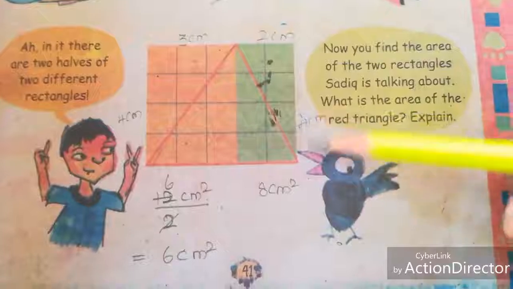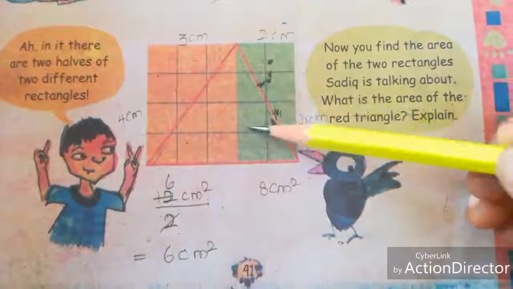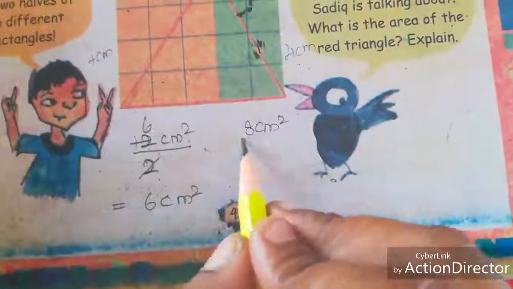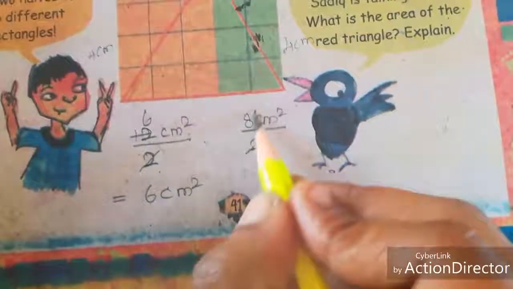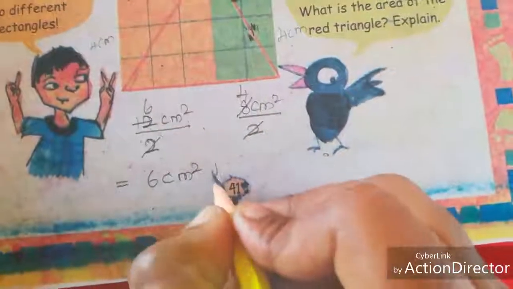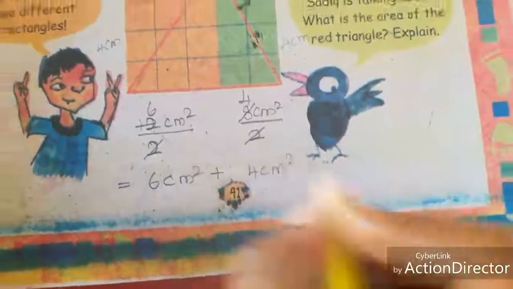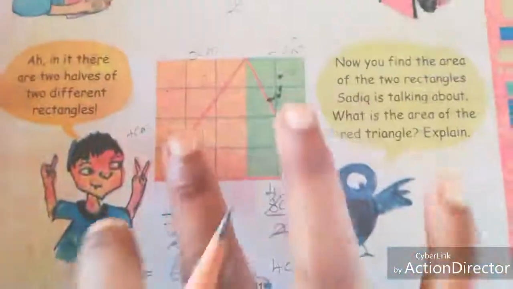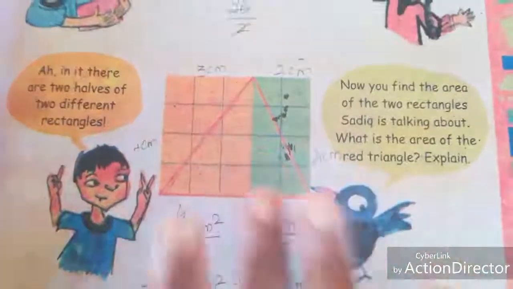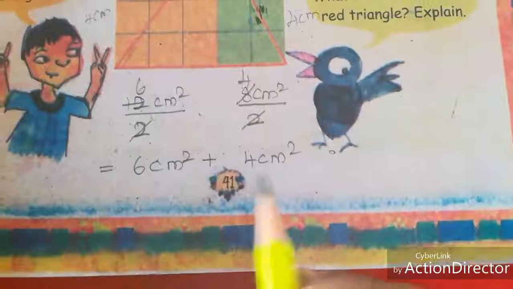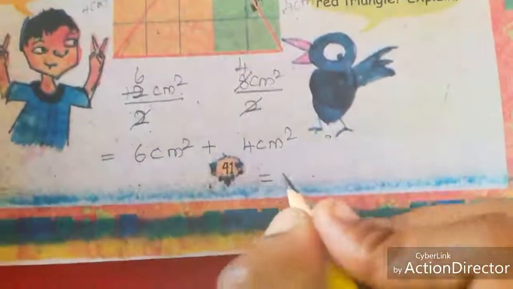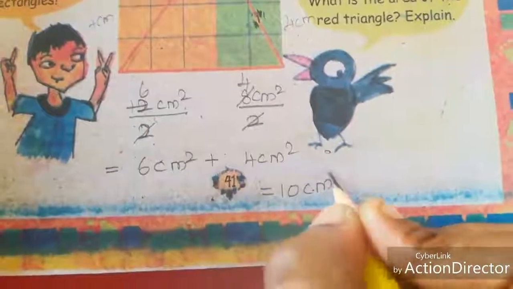This line divides the rectangle into 2 halves. So 8 centimeter square divided by 2. 2 4s are 8. So here 4 centimeter square. Then we want to find the total area of the triangle. So we add 6 centimeter square plus 4 centimeter square. So totally 10 centimeter square.